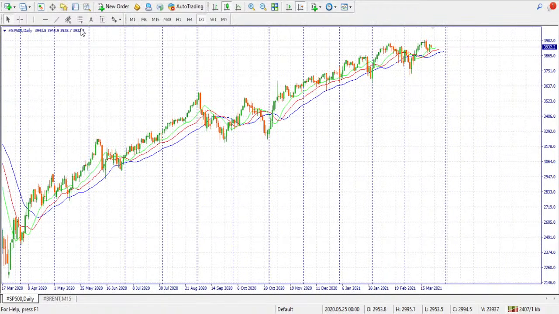As I say, normally this chart is bullish. I don't see any reason why I should be selling this chart whatsoever.